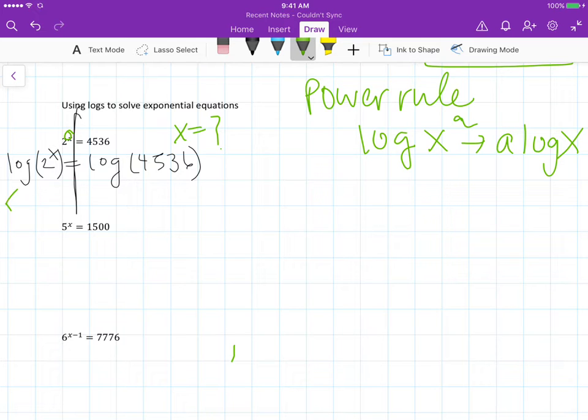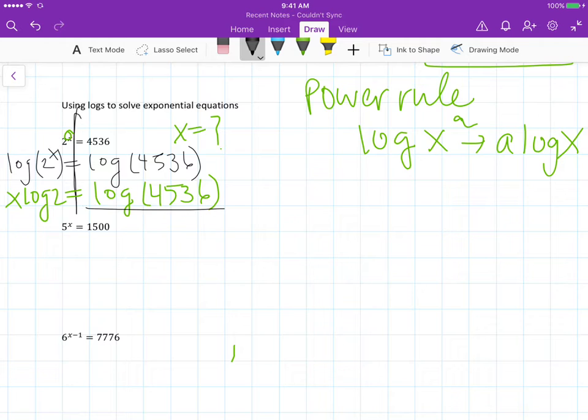So I can now say this is x times the log of 2 is equal to the log of 4,536. Now, again, log of 4,536 and log of 2 are just numbers.